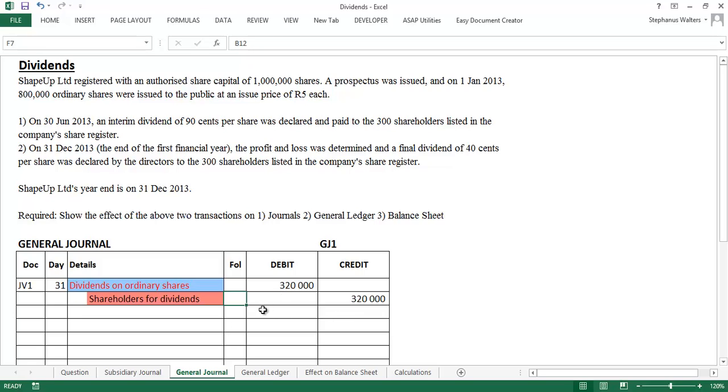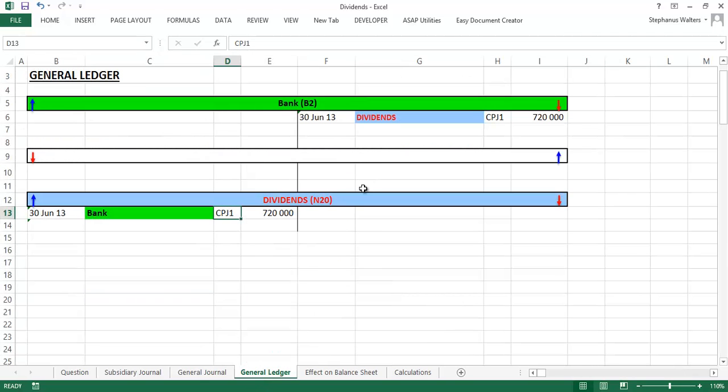Good. Now that we've done the journal, we can post to our secondary books, which is the general ledger, also known as the T accounts. So let's post this. We need to debit dividends and credit shareholders for dividends. So we debit dividends with calculation 2, which was the 320,000.